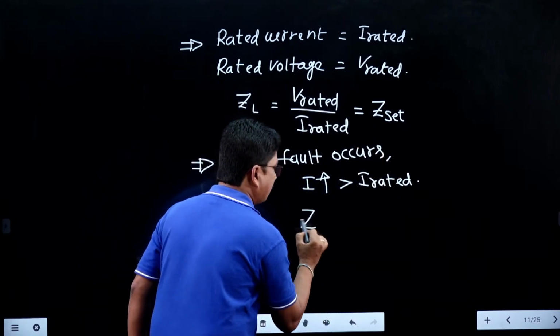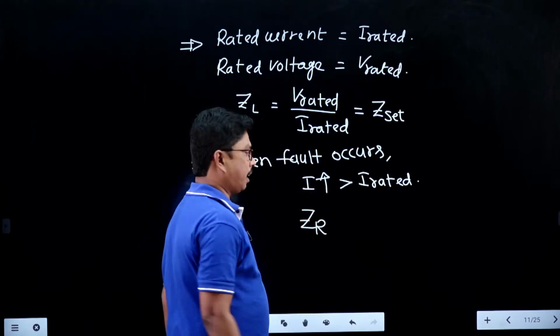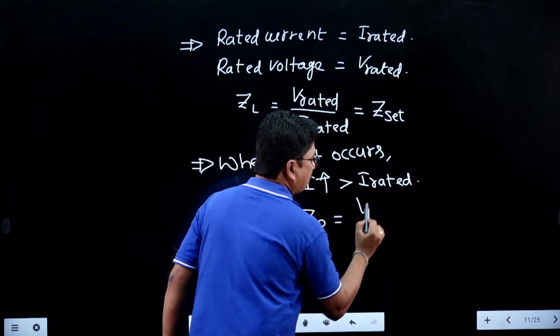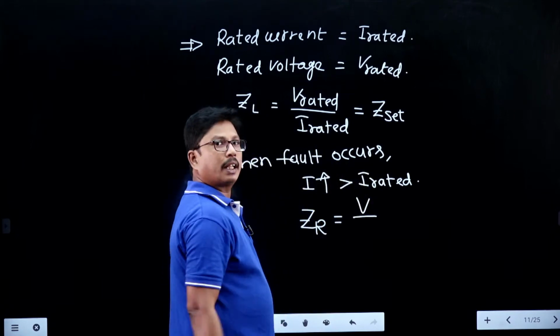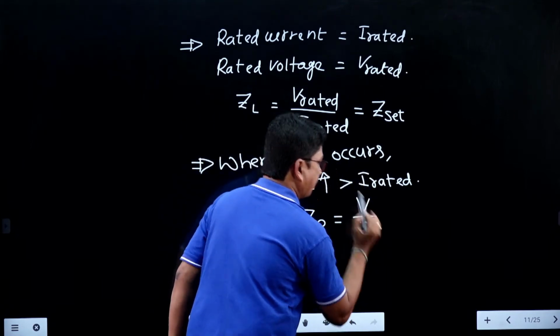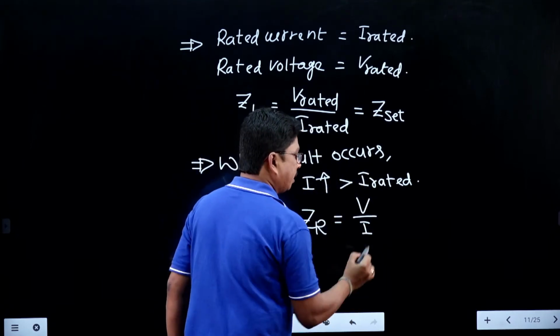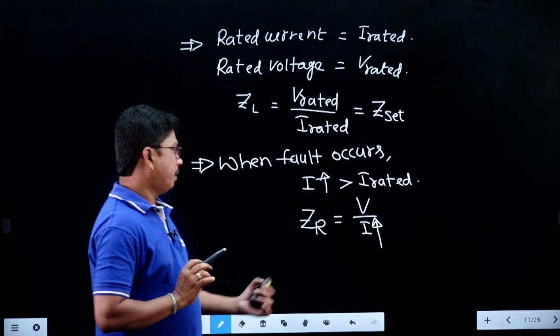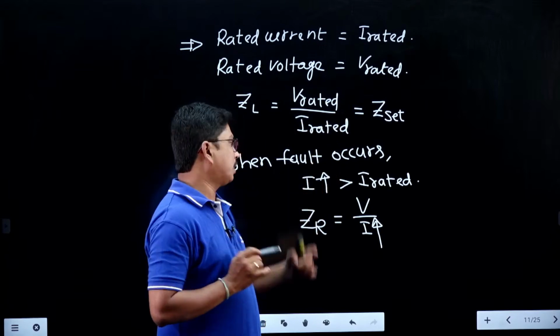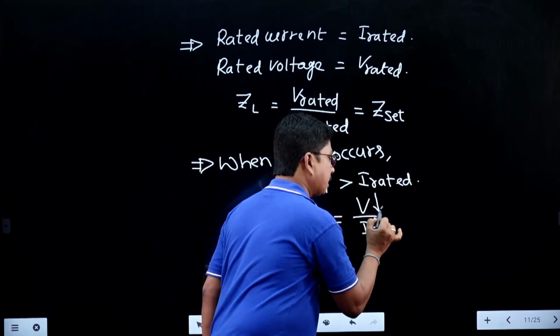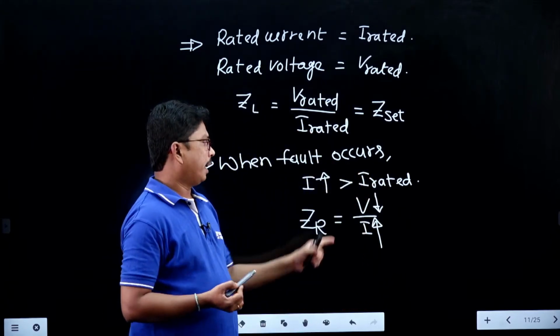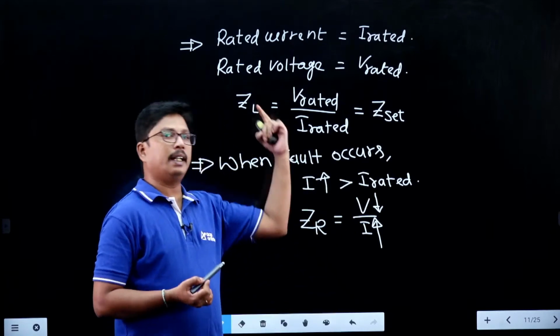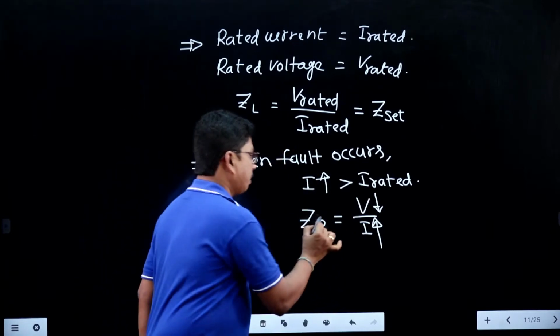What is that impedance? ZR, which is nothing but the voltage we are having in the line divided by I. So what is the I now? The fault current. That fault current will be very high. Whenever the fault current increases, there may also be a drop in the voltage based on the type of the fault, right? So voltage may be decreasing and current is also increasing, so what happens?